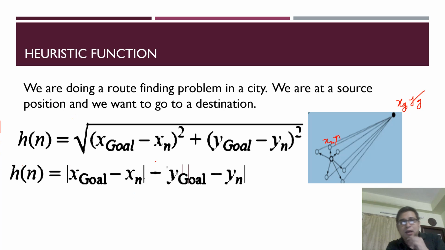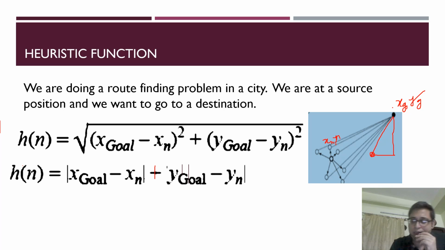Some other distance can be this one: the mod of x goal minus x n, plus the mod of y goal minus y n. So let's say here is a point like this. The first heuristic function gives you this straight-line distance, whereas the second heuristic value is the sum of the other two sides of the triangle, right? Is it clear to you?